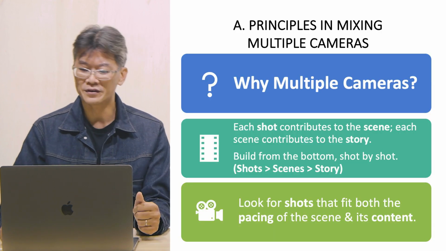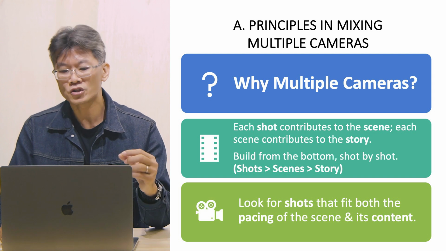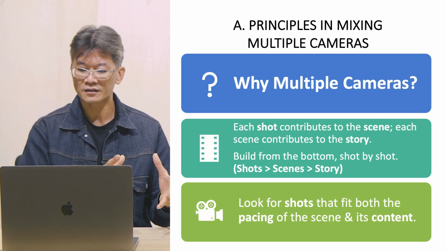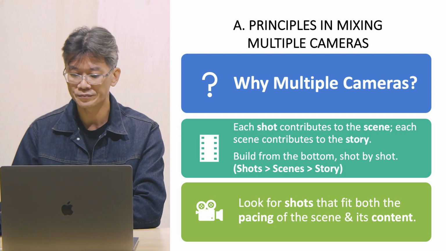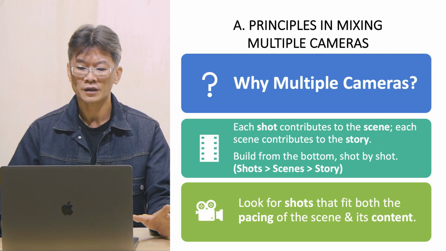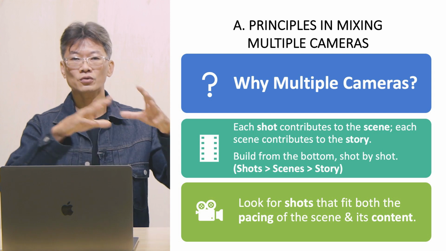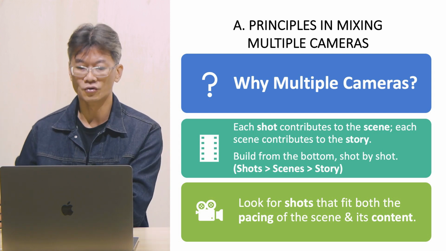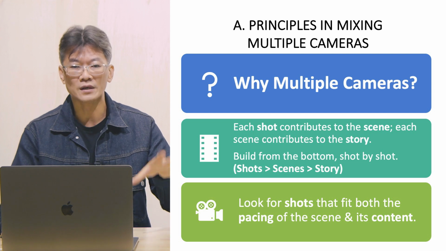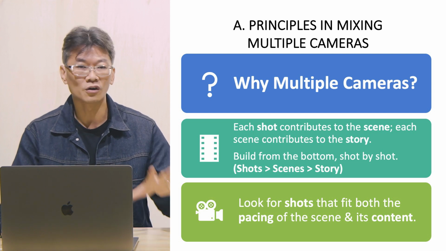Why multiple cameras? Because each shot contributes to a scene, and each scene contributes to the whole story. So you build from the bottom, shot by shot. The shots produce scenes, produce the story. When we look at shots, we want to fit them both in the pacing of the shot and the content of it.